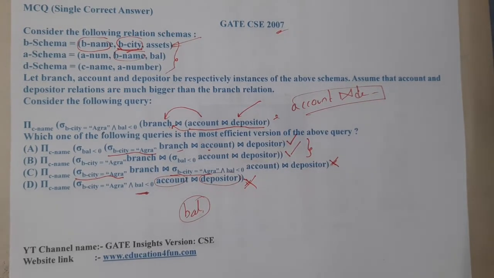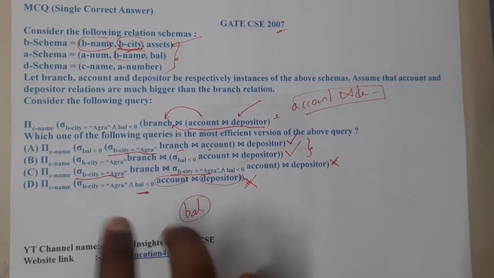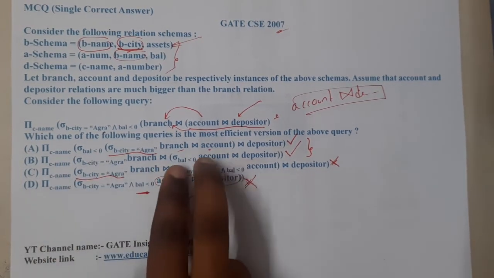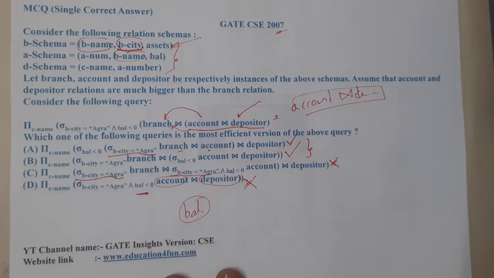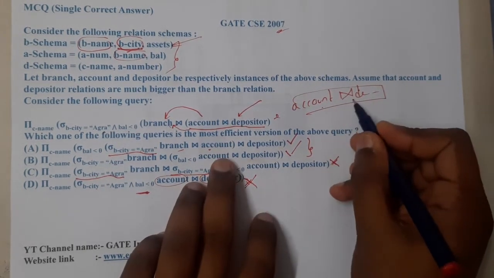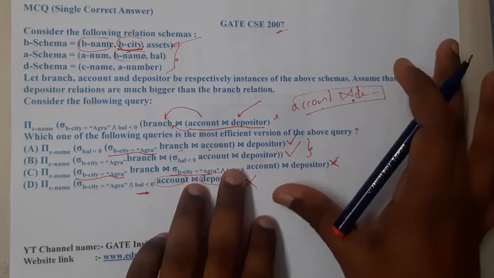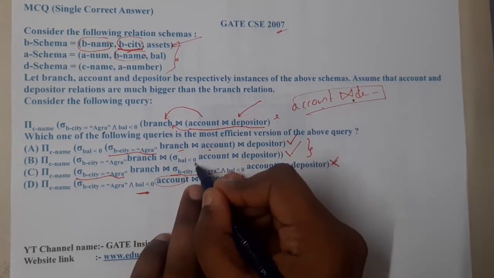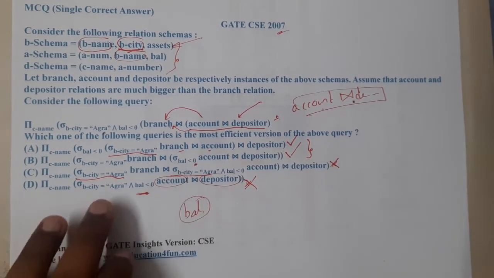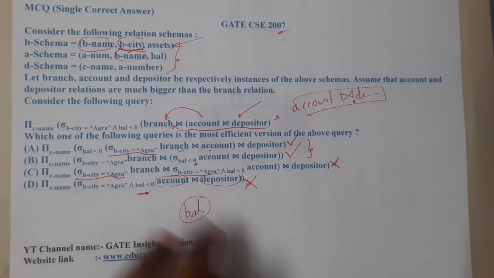The only difference between A and B is that here first we are checking with respect to Agra, then balance. There, first we are checking with respect to balance, then Agra. Based on my observation, option A makes more sense, because when we multiply account with the depositor, we will get many entries, and among those there could be many entries with balance less than 0, but every time we will have very few entries with respect to Agra.